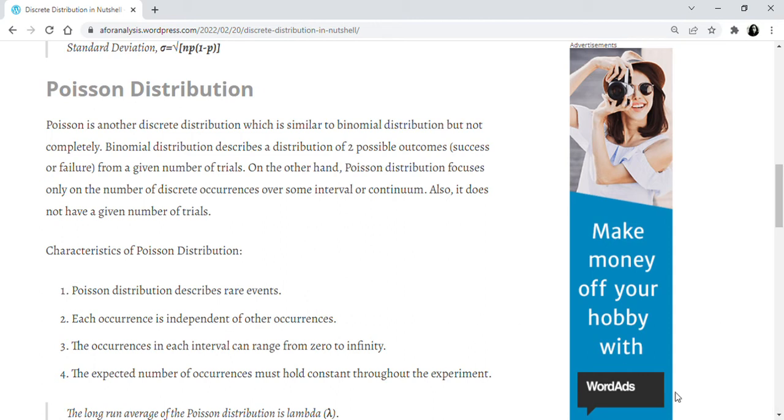For binomial distribution, it describes a distribution of two possible outcomes, whether it can be success or failure from a given number of trials. But on the other hand, Poisson distribution focuses only on the number of discrete occurrences over some interval or continuum. Also, it does not have any given number of trials.